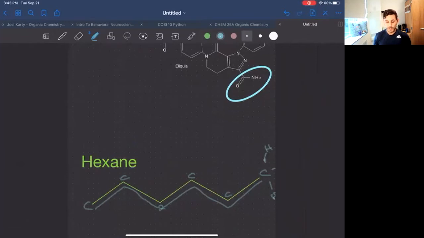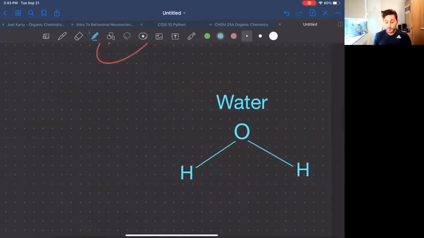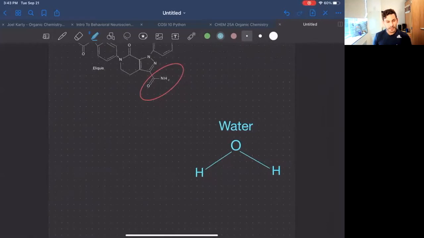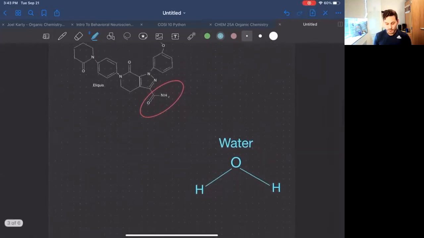So let's look at water. We know that water is polar, but if you think about it for a second, water is polar, but it's not an organic compound. So what that means is that water could be a possible candidate, but it's not ideal. And the reason for that is that it would only dissolve the polar ends of that molecule.